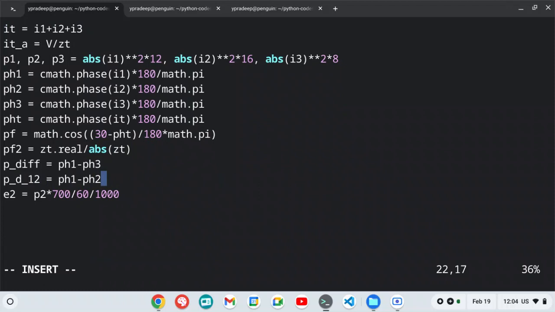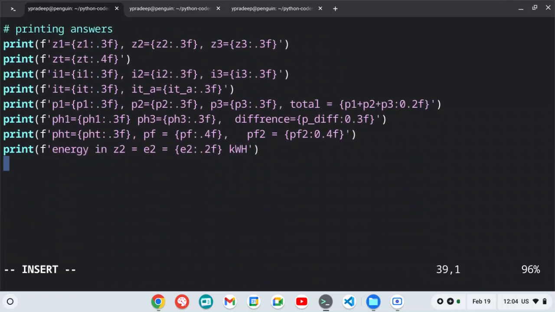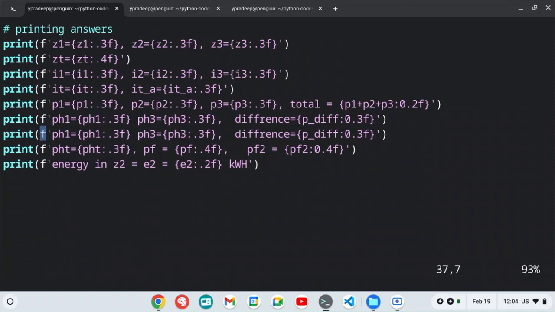Now if it is positive, that means 1 is leading. If it is negative, that means 2 is leading. So let us see. The old result 1 I'll keep the same. This one will be 2, and here PD12.